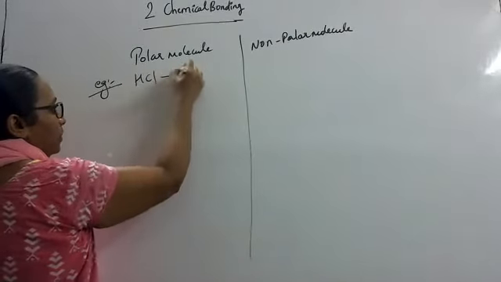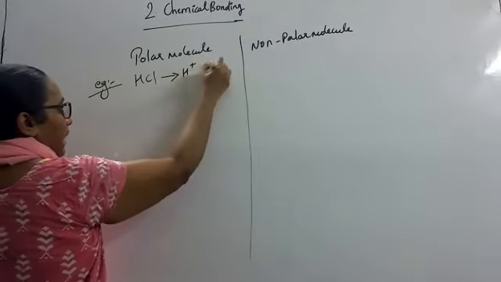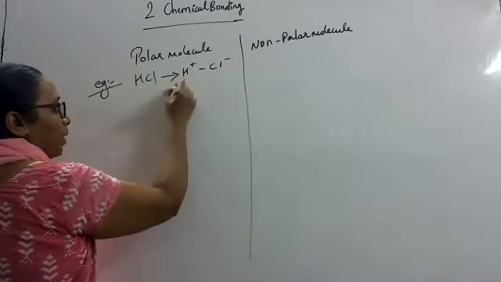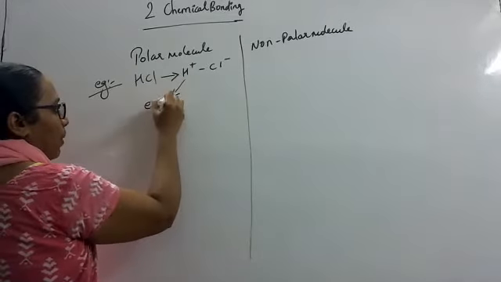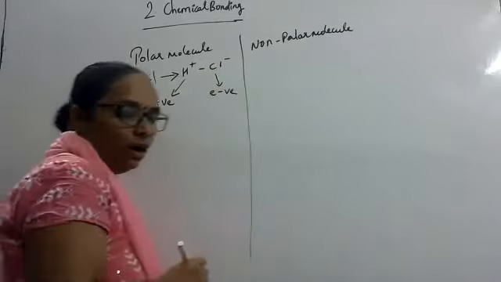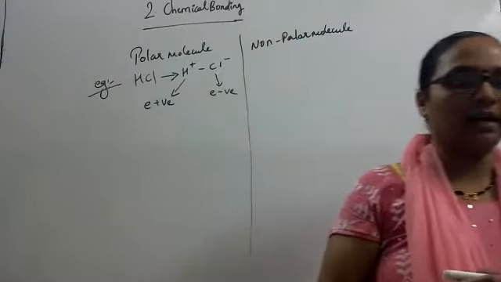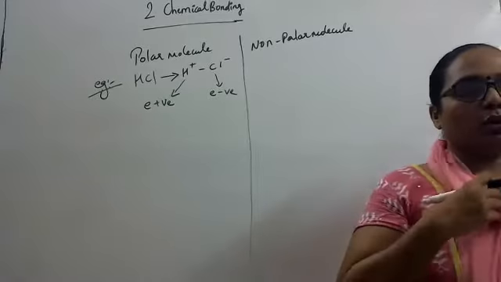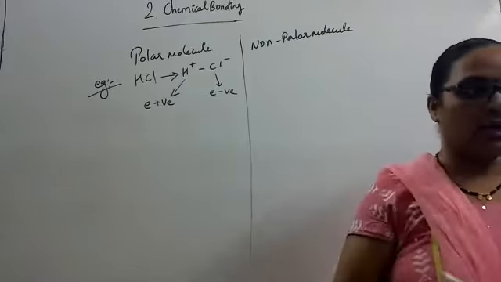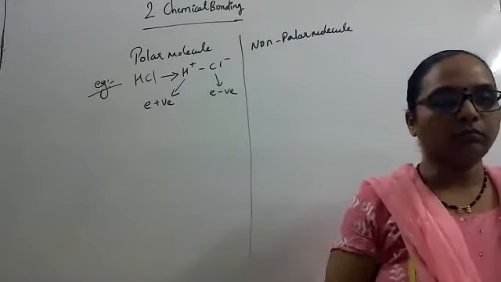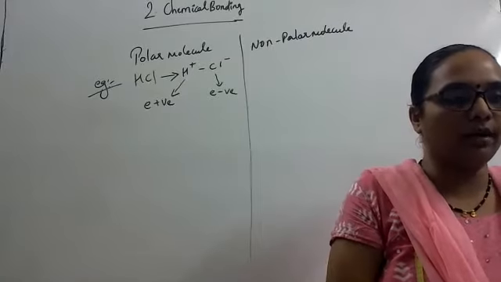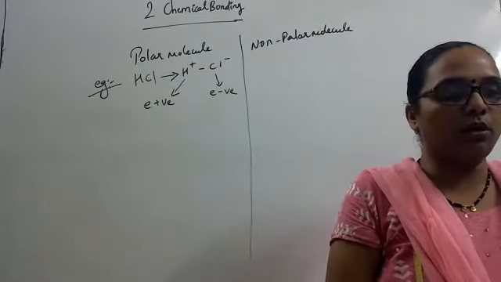How does HCl dissociate? H plus and Cl minus. Why? Because hydrogen is electropositive and chlorine is electronegative. Electropositive means the tendency of an element to donate all its electrons to another element. That is called electropositive nature. Electronegative is chlorine. What does chlorine do?